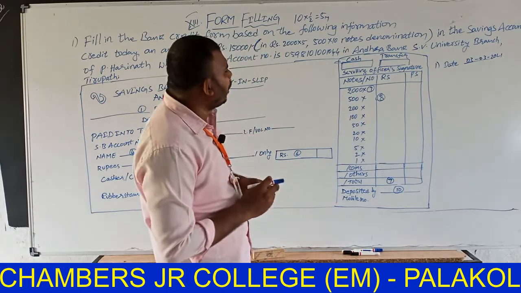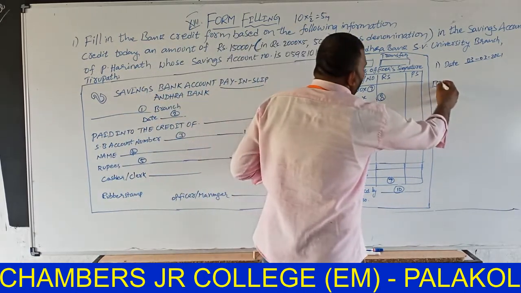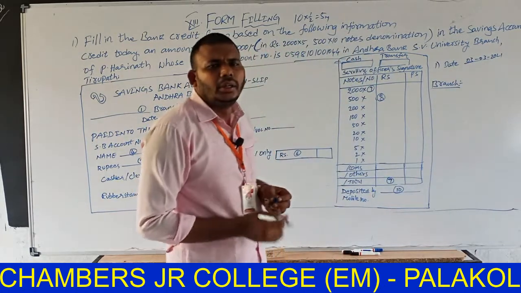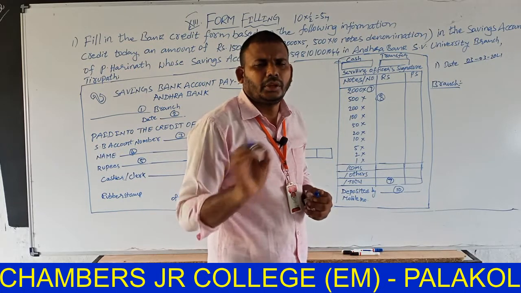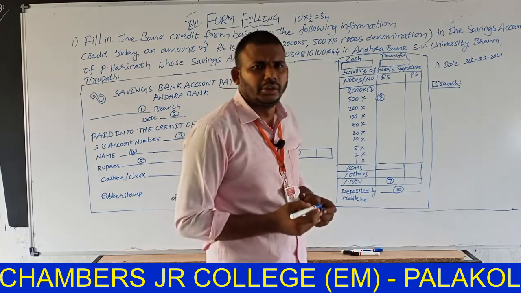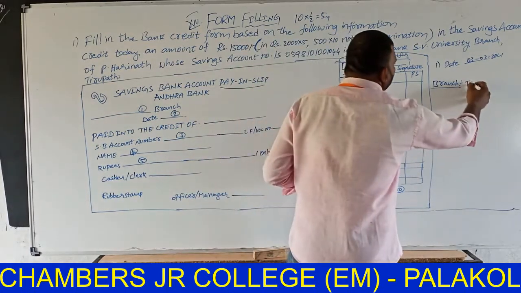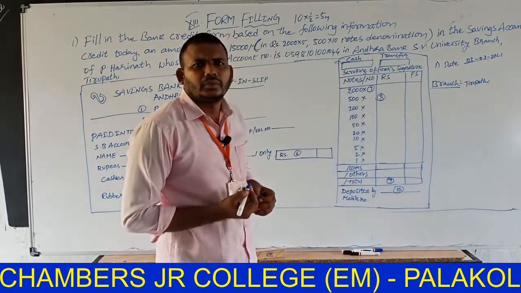And next, come to the next one, branch. While they will ask you to write branch, here we need to write the name of an area or name of a city where the bank is located. Tirupati, like this.